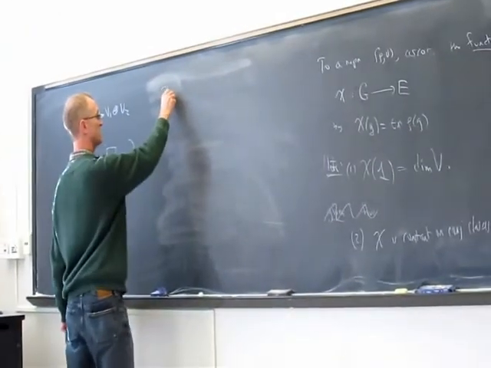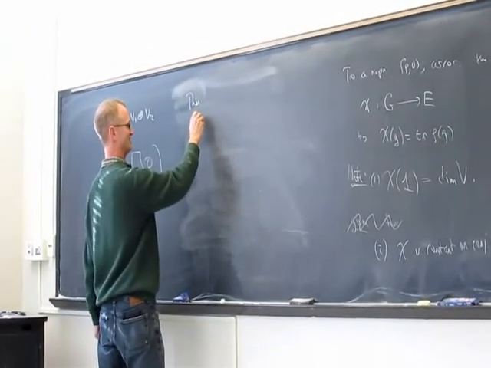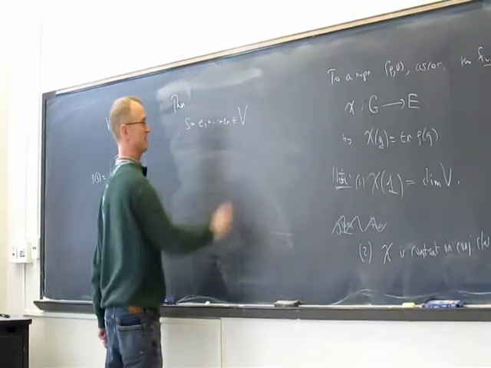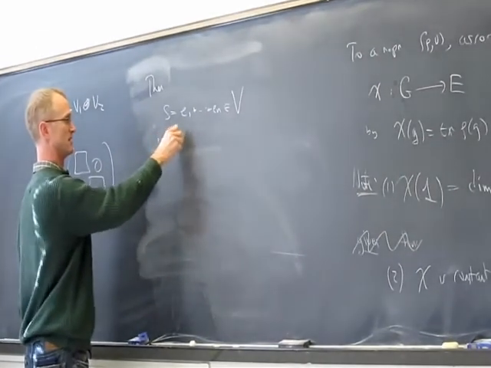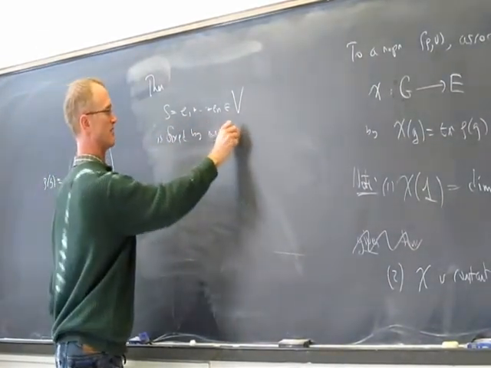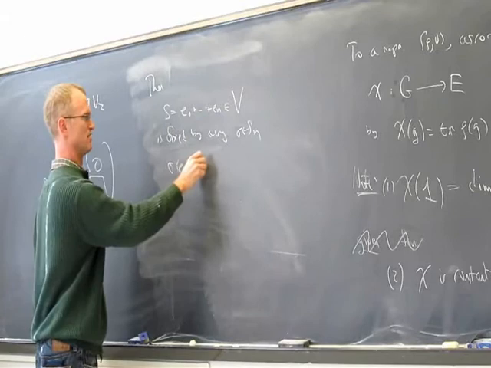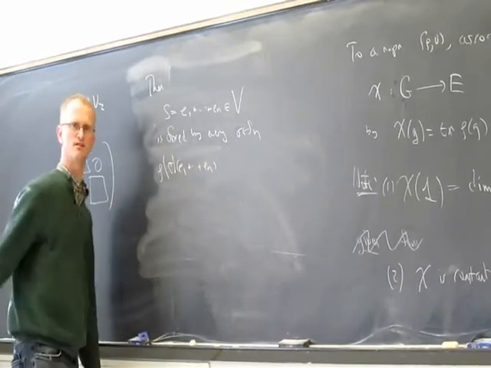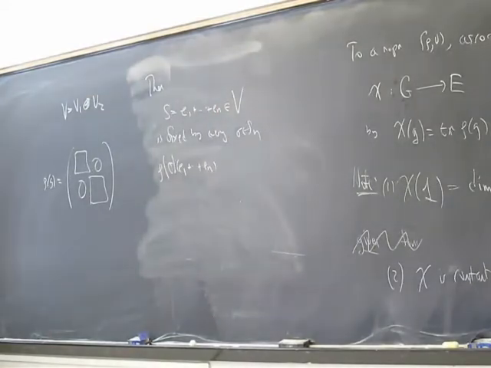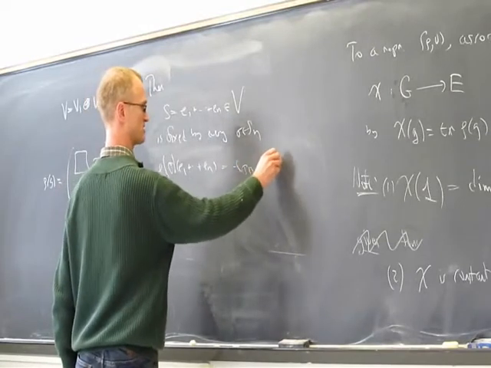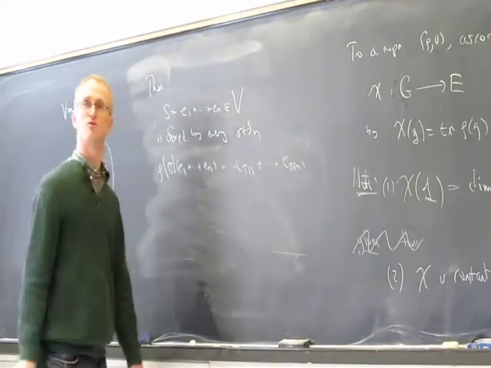Then the vector S equals e_1 plus ... plus e_n in V is fixed by every permutation. If I apply rho of sigma to it, you'd be happier if I wrote rho of sigma here, the value of rho of sigma is e_sigma(1) plus ... plus e_sigma(n), but that's just a silly thing.